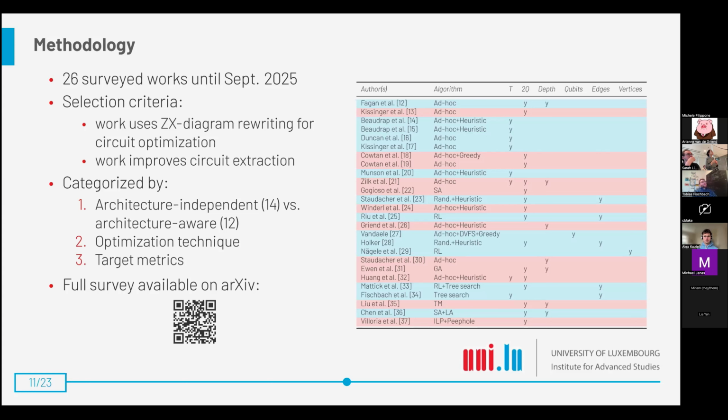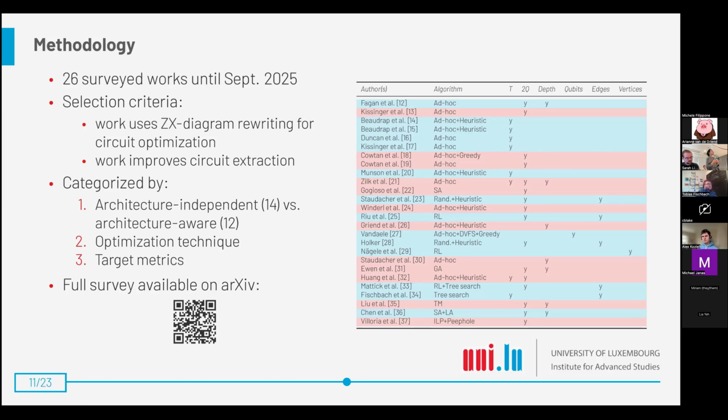Because if you have two circuits that have different resource overhead in terms of different metrics, and they both represent the same linear map, they may have different reliability in the execution, right?